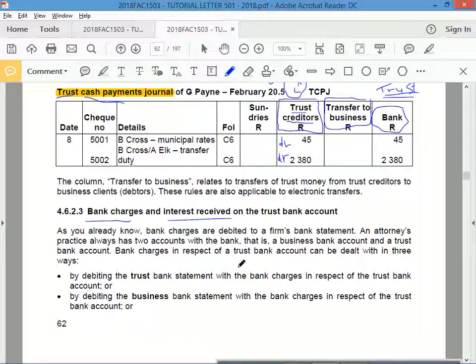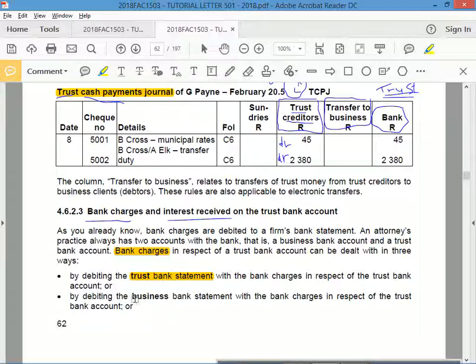Right, that's what they've described here. They've said bank charges in respect of the trust bank account can be dealt with in 3 ways. There is room for creativity in a way, because you have 3 options. You're limited to 3, but at least you have a choice. The first is debiting the trust bank statement with the bank charges in respect of the bank account.